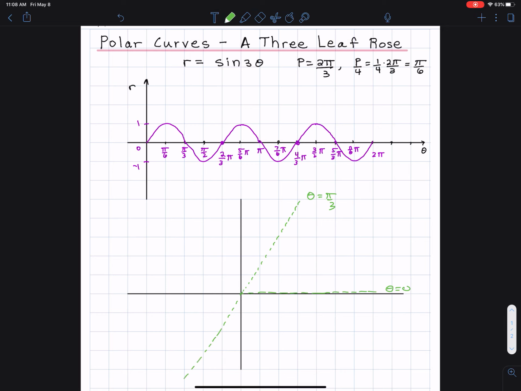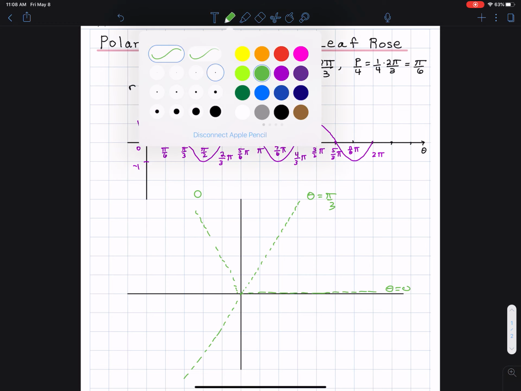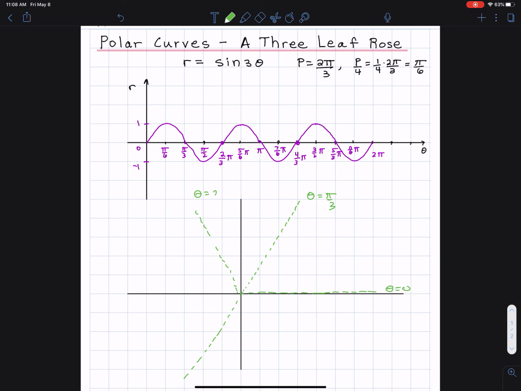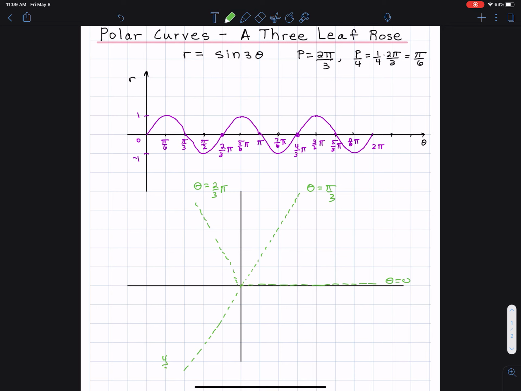Then we see there's 2/3 pi next. Then there's 4/3 pi. And then 5/3 pi. And by the way, there's pi. Don't forget that good one. And then 6/3 is 2 pi.